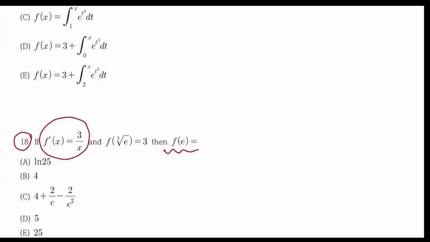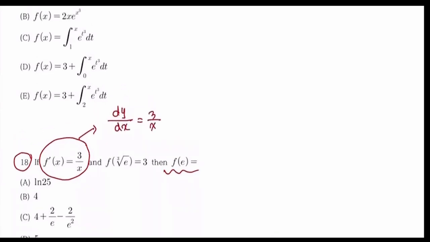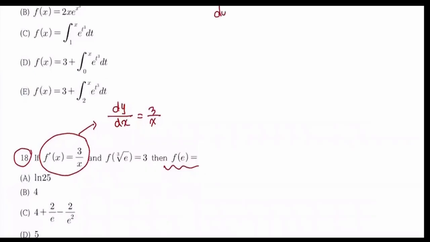To utilize separable variables, I can rewrite dy over dx equal to 3 over x. Separate these variables respectively: dy equals 3 times 1 over x dx. Okay, there is no y.